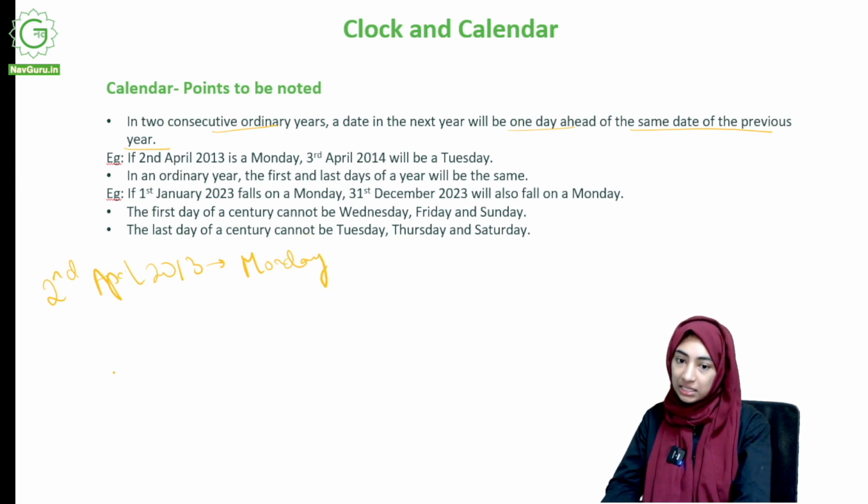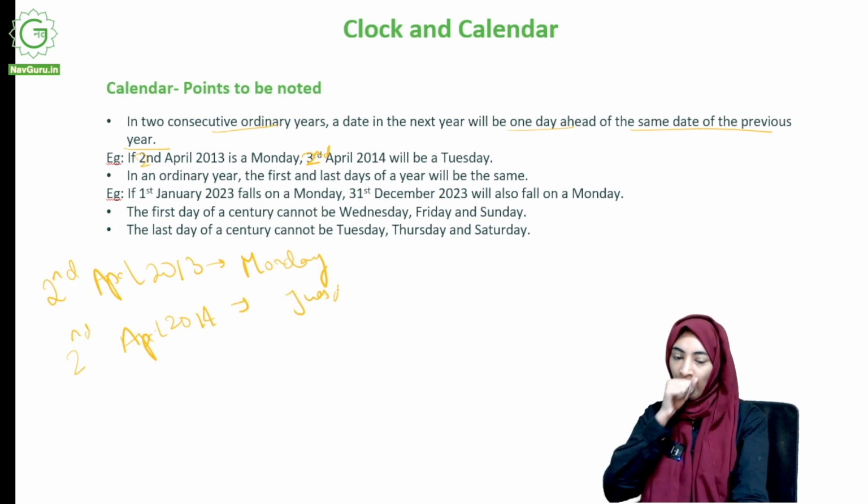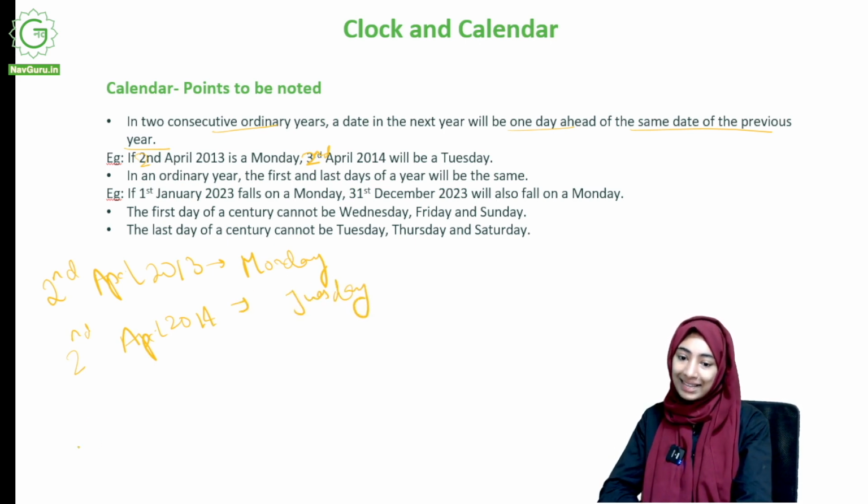Now somebody asks you what will be 2nd April 2014. It's not a problem, I'll just start with 2nd April. So 2nd April 2014 will be a Tuesday. And so 3rd April 2014 will be a Wednesday.